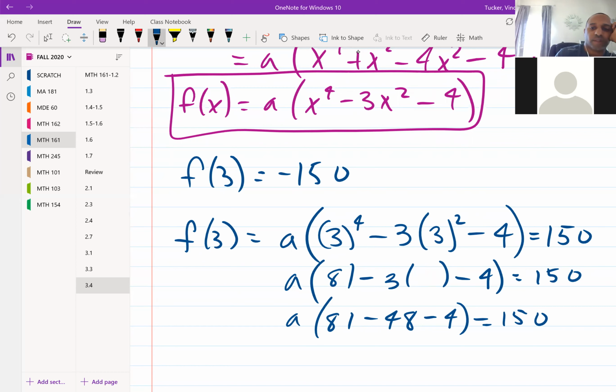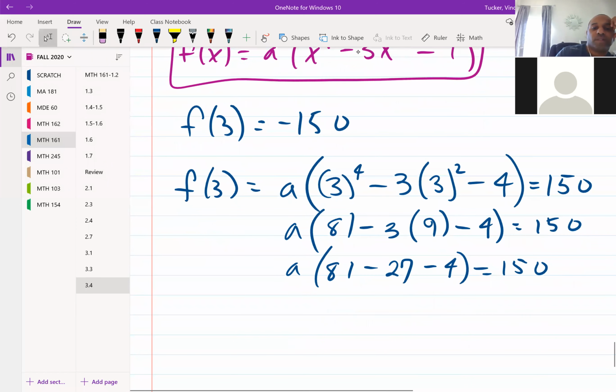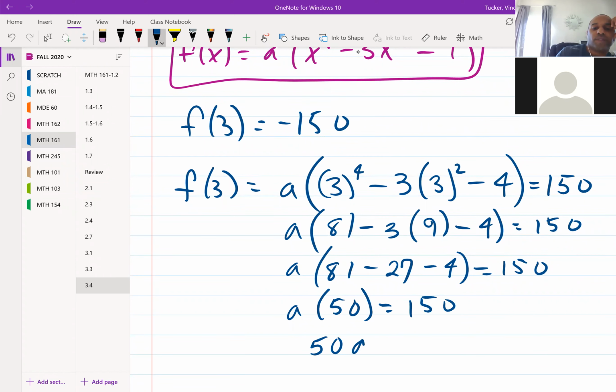Plugging in 3 for x, and I put a 4 by mistake. So it should be a 9 right here, and then 3 times 9 is 27. Yep, gotta blame it on somebody, guys. So 81 minus 27 is 54, minus 4 will be 50.